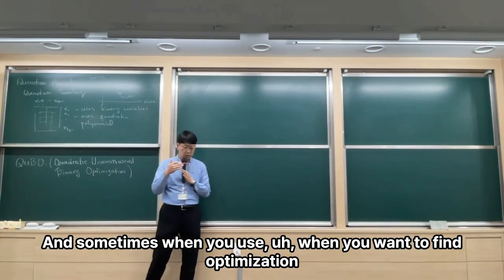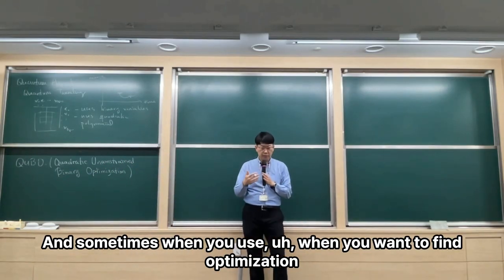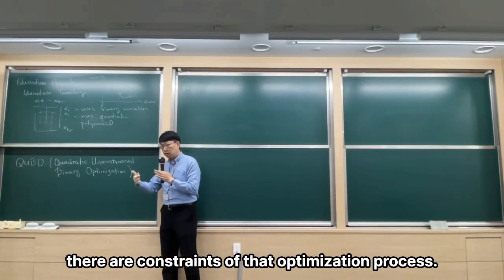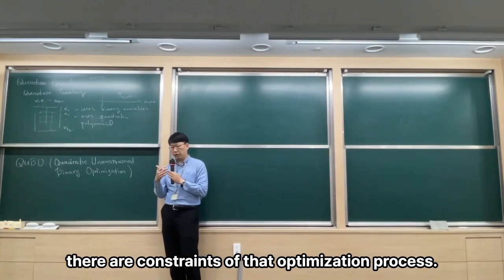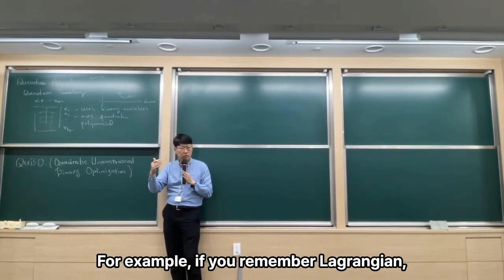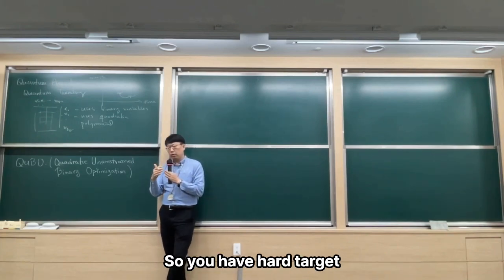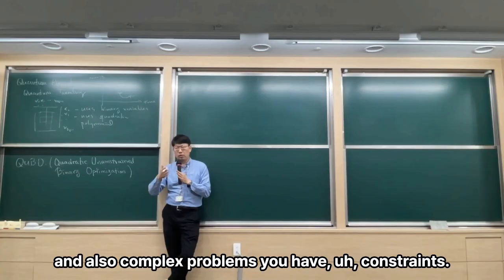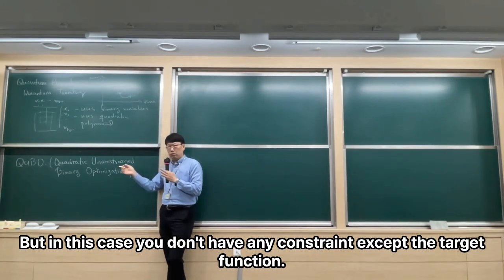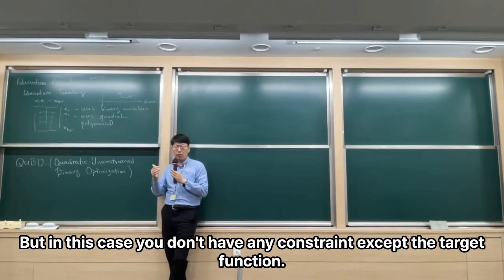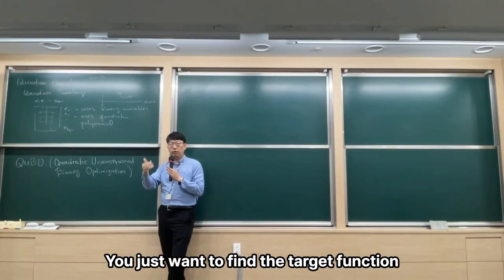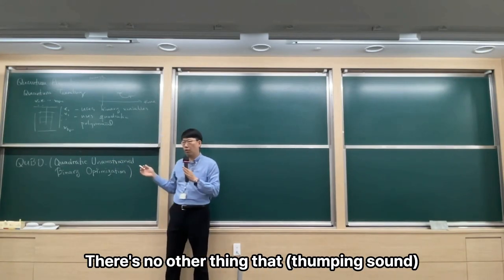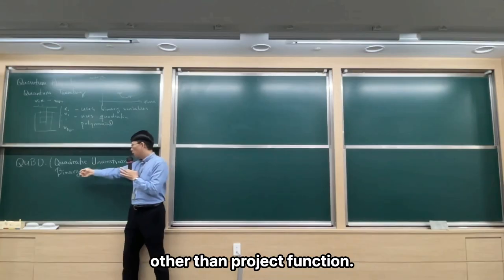Sometimes when you solve an optimization problem, there are constraints. For example, if you remember the Lagrangian method, you have a target and you have constraints, and also convex problems have constraints. But in this case, you don't have any constraint except the target function. You just want to find the target function to be minimized. So that's why it's unconstrained. There's nothing other than the target function.